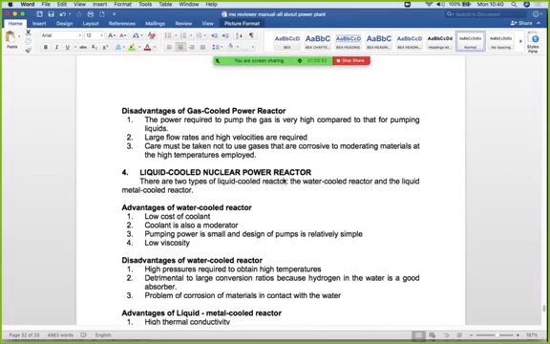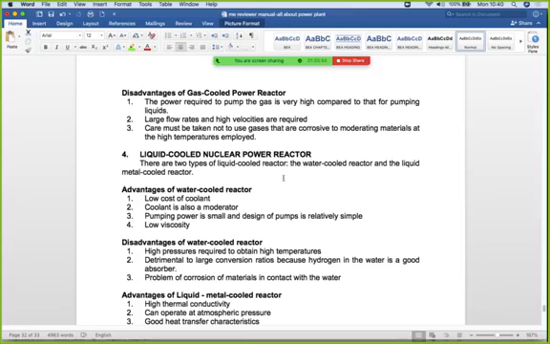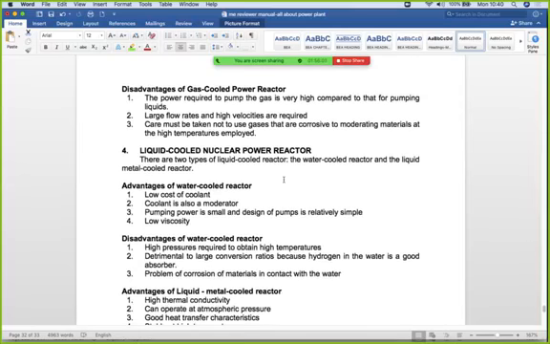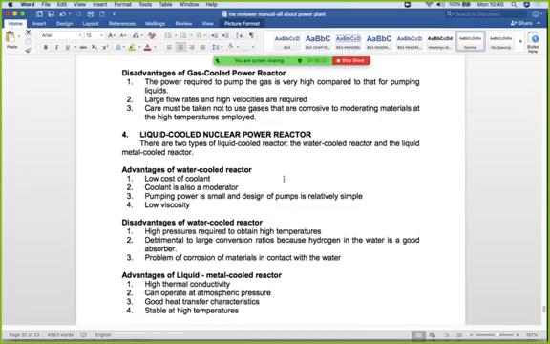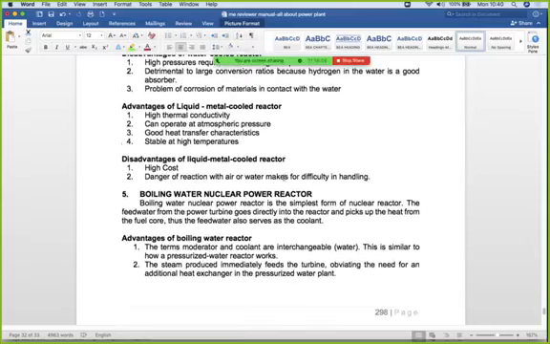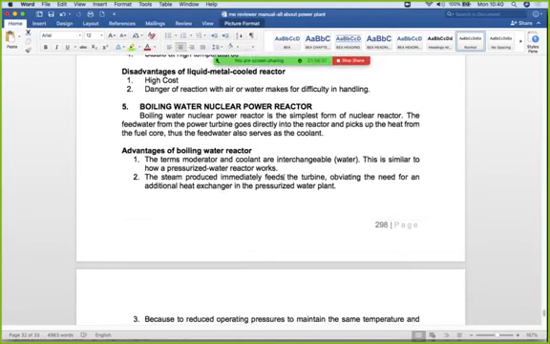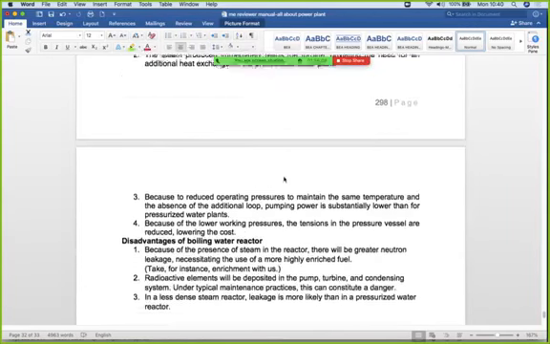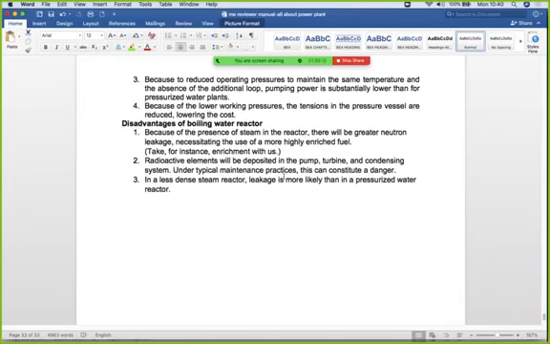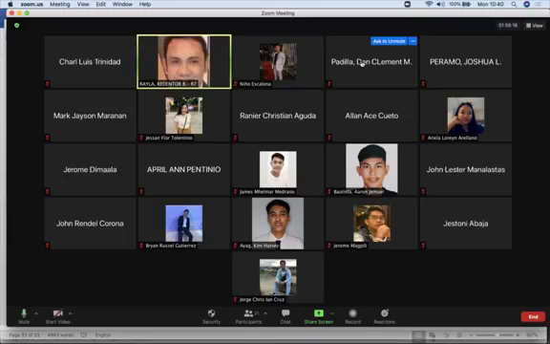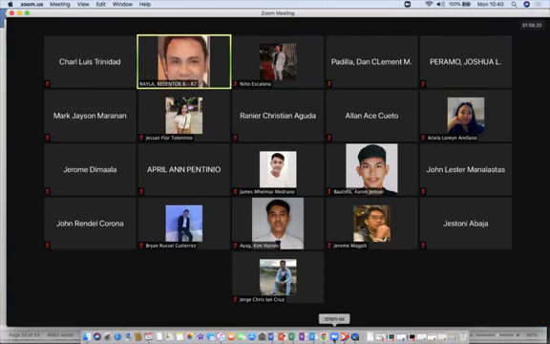So there's a need for not only good, but the best expertise to run this kind of nuclear power plant. So these are the advantages and disadvantages. I may ask about the advantages and disadvantages. So that's the end of our lecture.